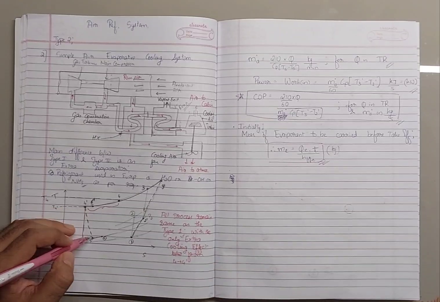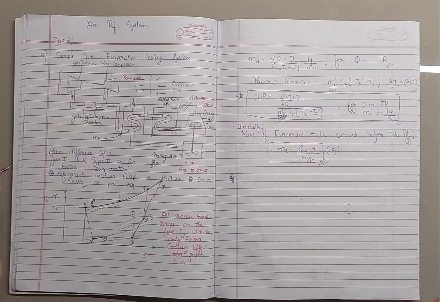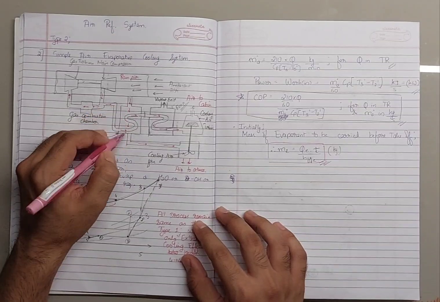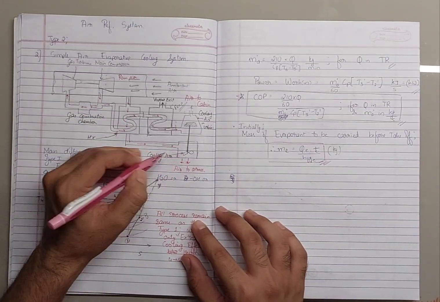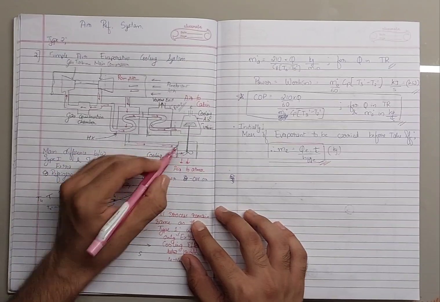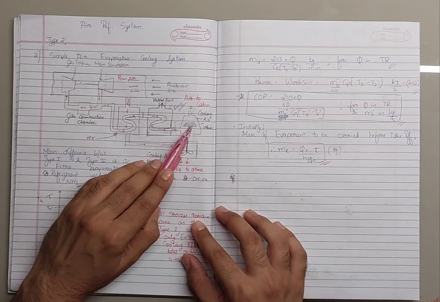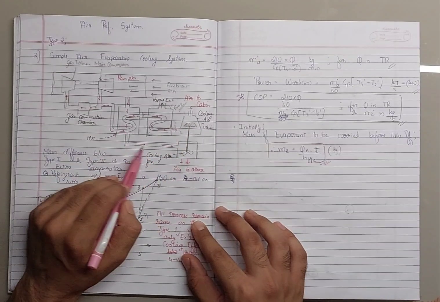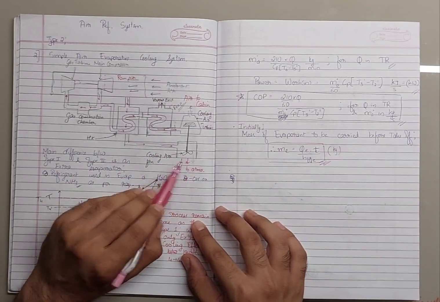Now from 4 dash to 5, the air in the system expands and cools down. We can also see that the ram air from the heat exchanger goes into the cooling air fan area. The cooling air fan is just the fan which rotates this shaft, which in turn helps rotate this turbine. So this air rotates the fan, and this air is exiting to the atmosphere.